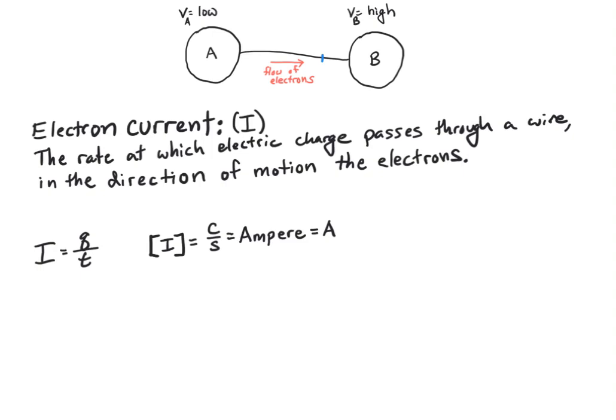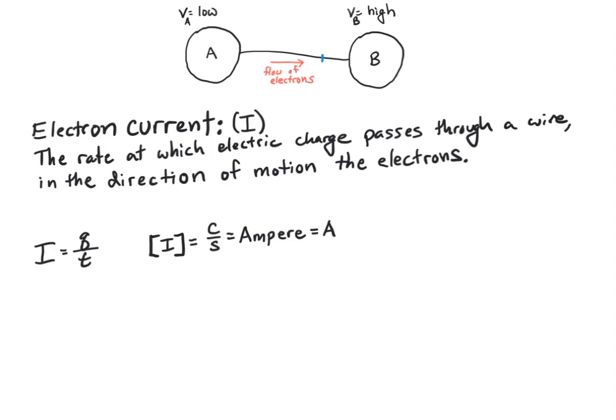So they knew that there was this flow of something, and they knew that there was this concept of charge and that they could be opposites of each other, which they labeled positive and negative. And it was assumed by Benjamin Franklin that the charges that were moving, that were responsible for this flow of charge, were positively charged. And he was wrong, right?